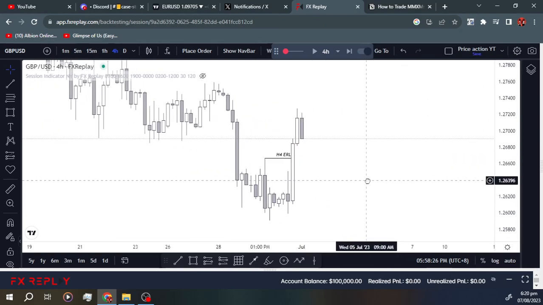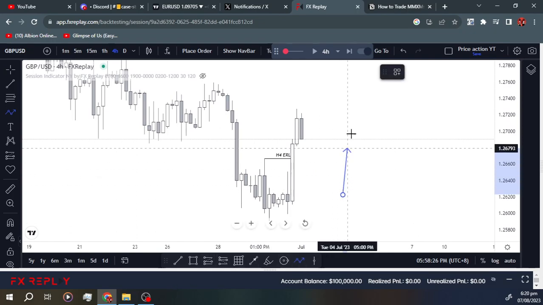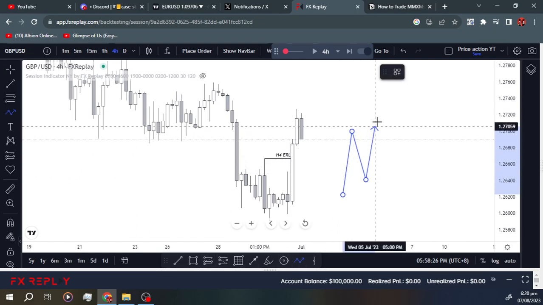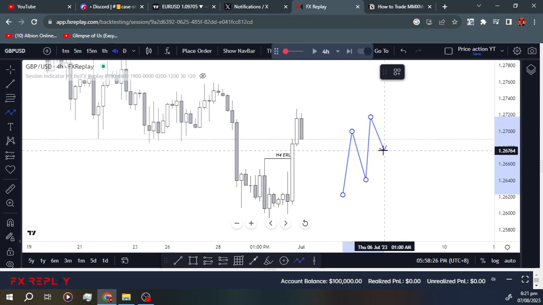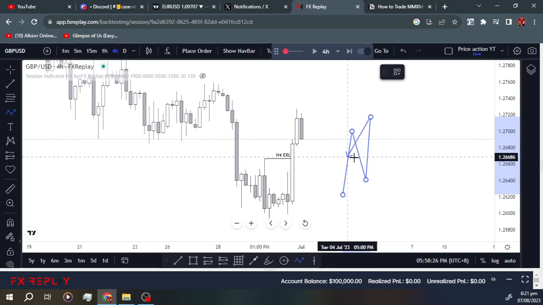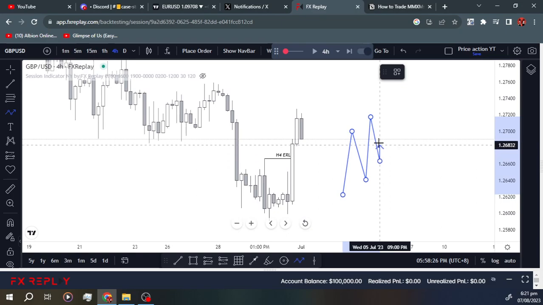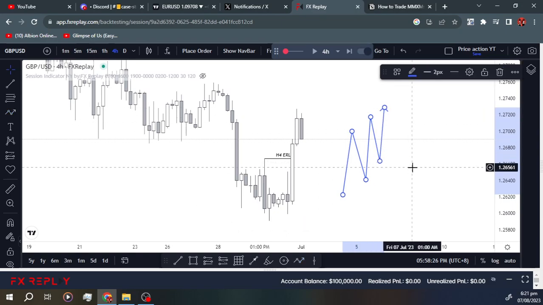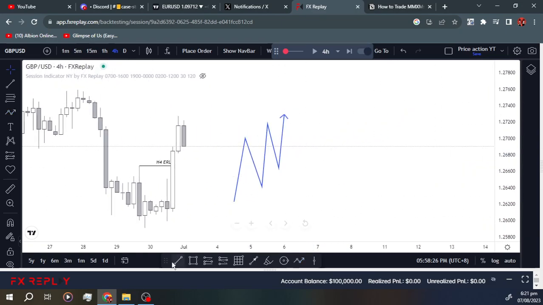So in theory, if price takes an external range liquidity, it will retrace to a PD array, like a fair value gap, order block, mitigation block, you name it. Then it will continue. That's the theory of the interaction between external and internal.